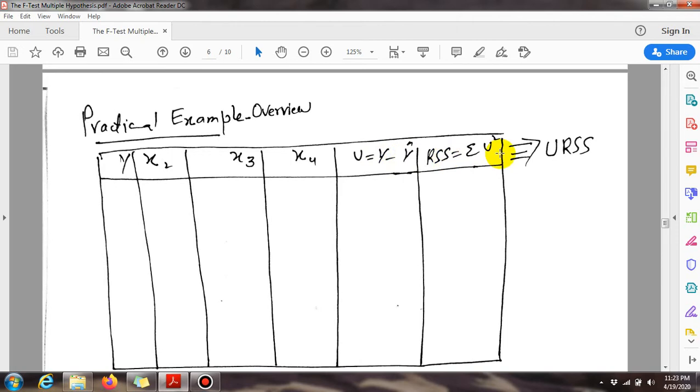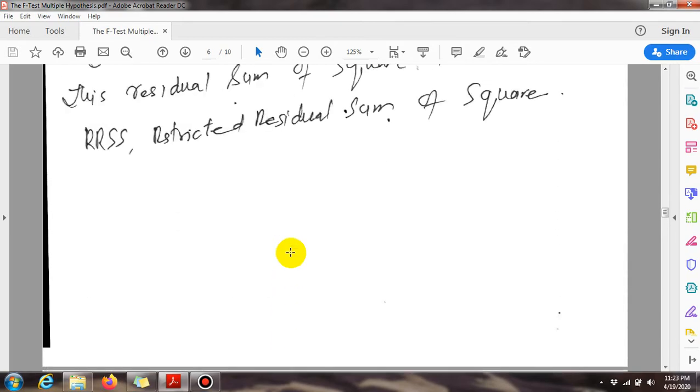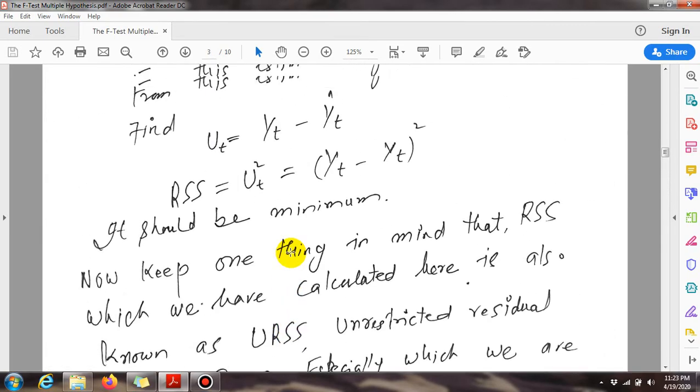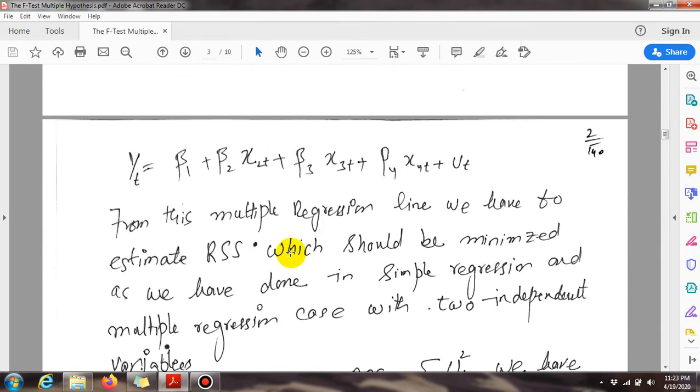After taking care of the error we get the residual sum of square, and this is known as the unrestricted residual sum of square, because here we don't put any type of restriction. So this is our first regression line, which we used on page number 3.